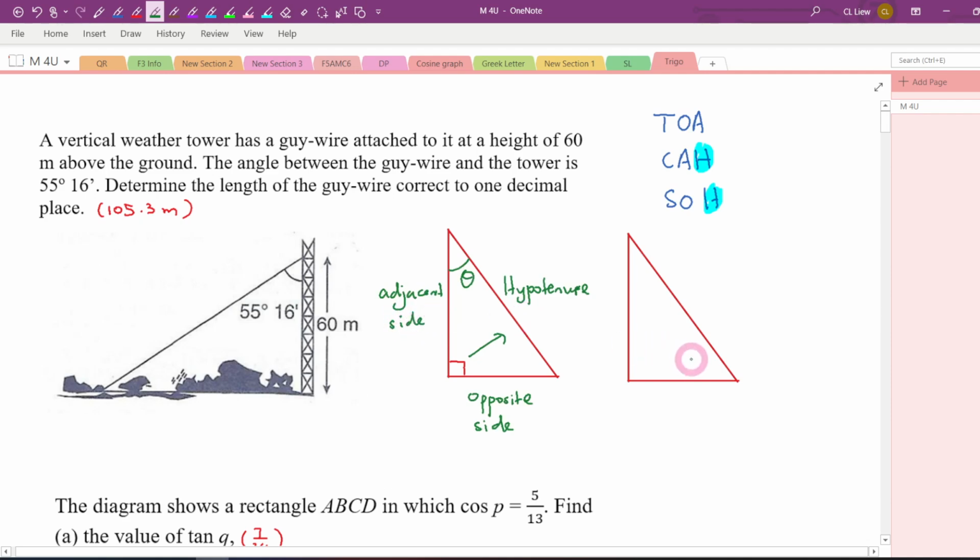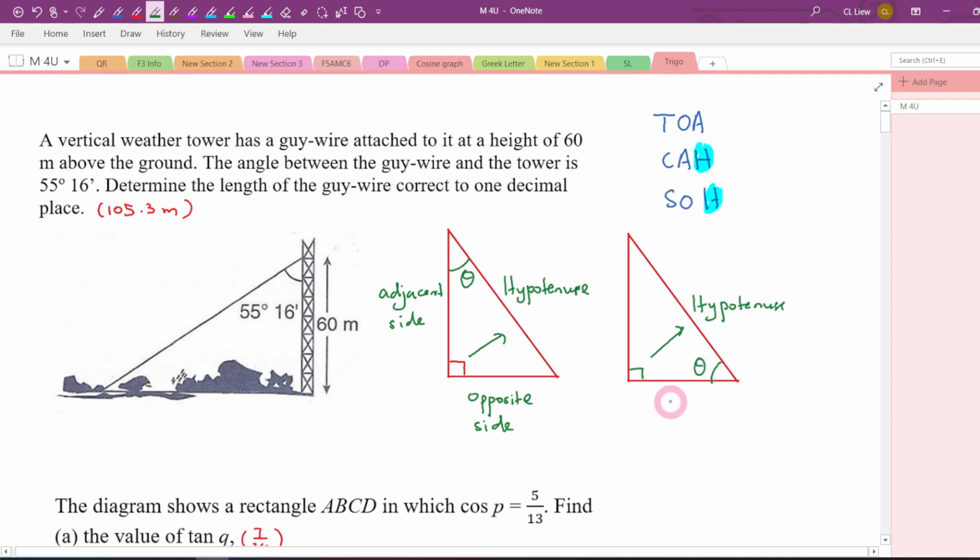How about if the theta is over here? The hypotenuse is the same, always opposite the right angle. So this one will still be the hypotenuse. The position of theta will not affect the hypotenuse. But now, since the theta is over here, this side is actually closer to the theta, right?